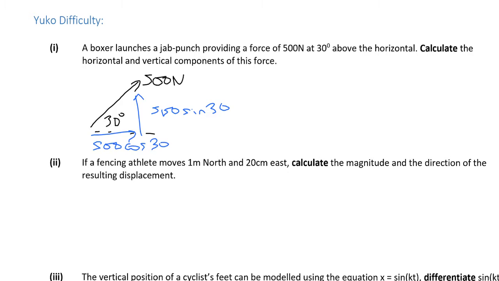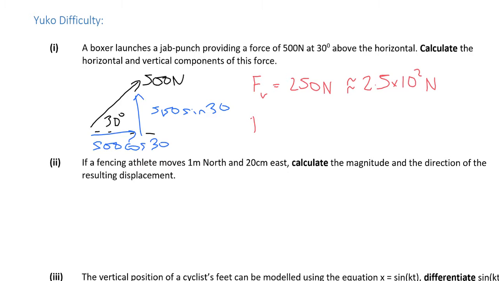So the force in the vertical component was 500 sine 30. Sine 30 is a half, so that's going to be 250 newtons there, which strictly speaking we should write as 2.5 times 10 to the 2 newtons to give it to two significant figures.